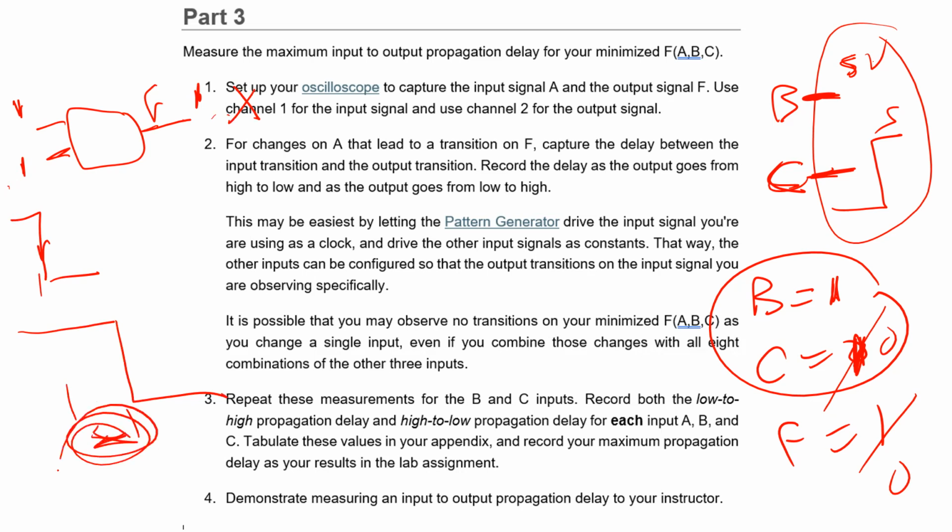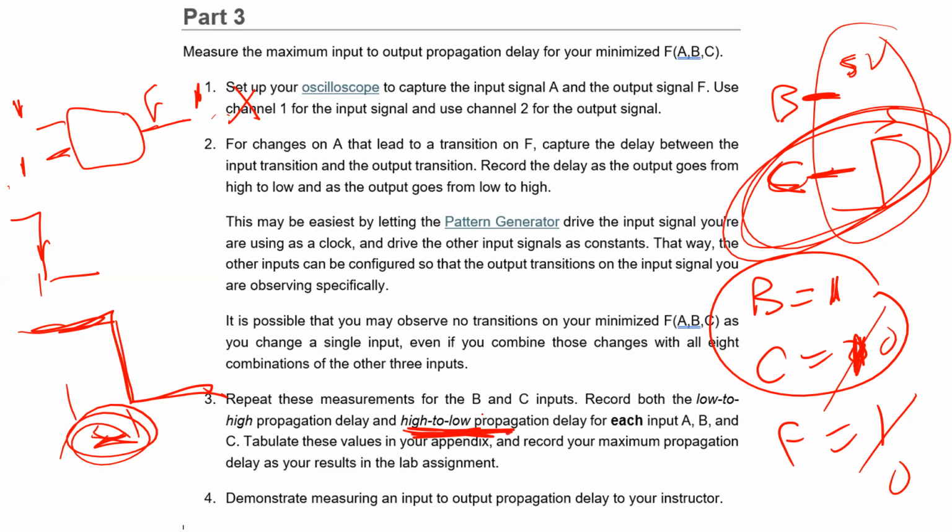So you have to fix it at 1, okay? And then you have to select a certain value for the second one here, so that the output changes from high to low, to measure the delay, because as we explained before, you have two types of delay. You have high to low delay and low to high delay, to measure the delay between the output and the input. Is that okay?